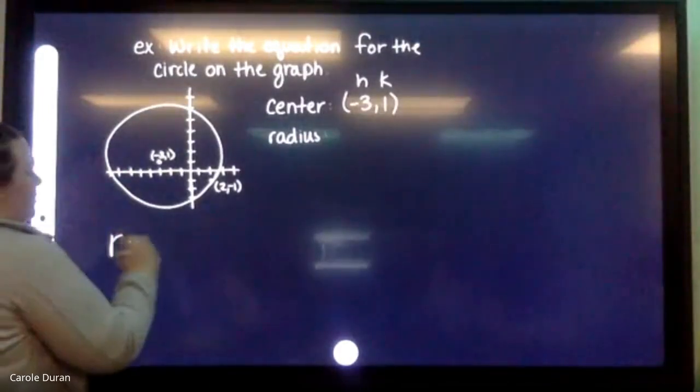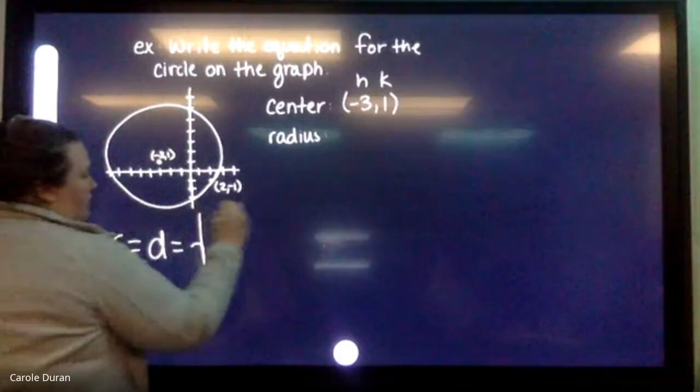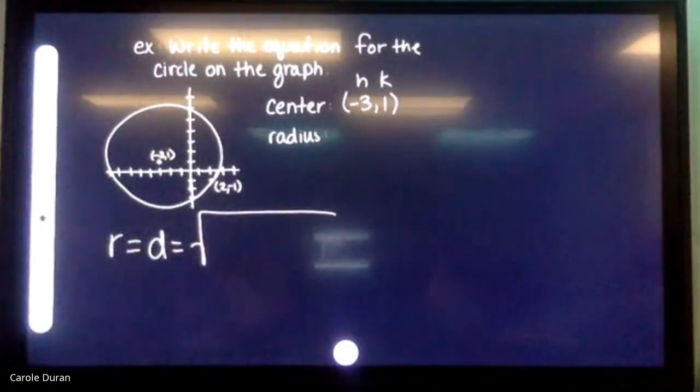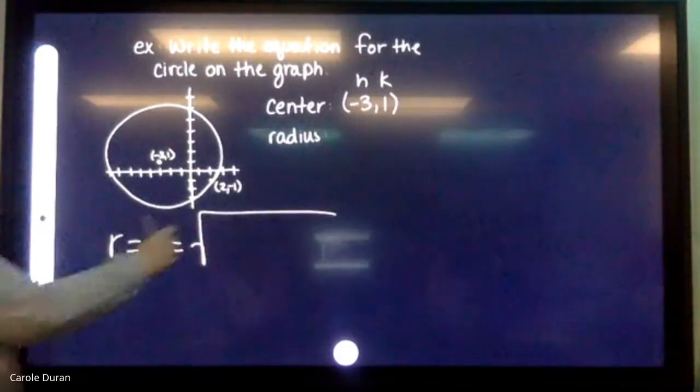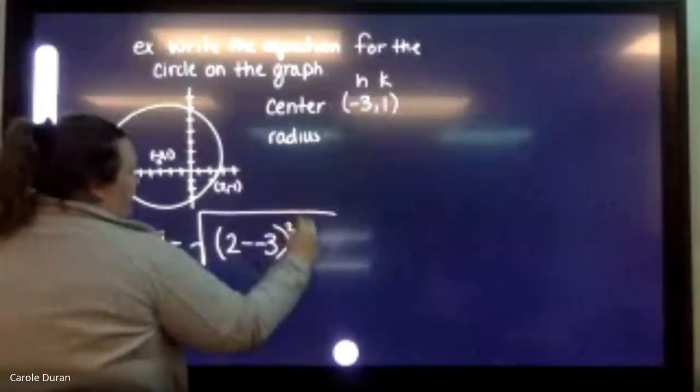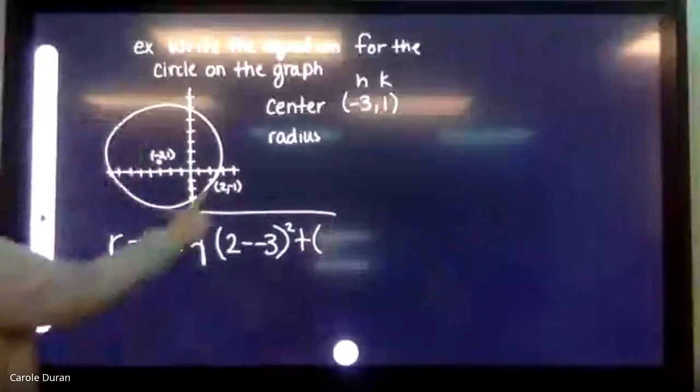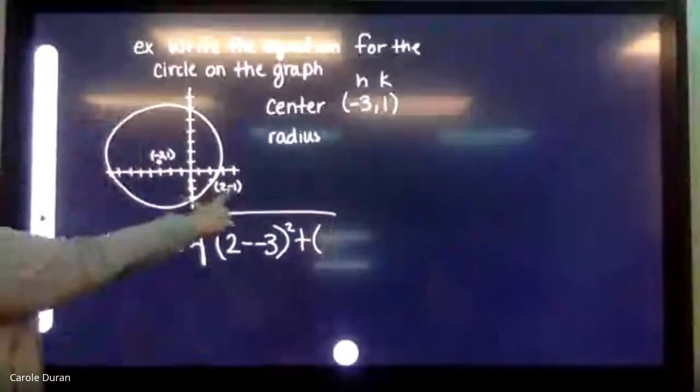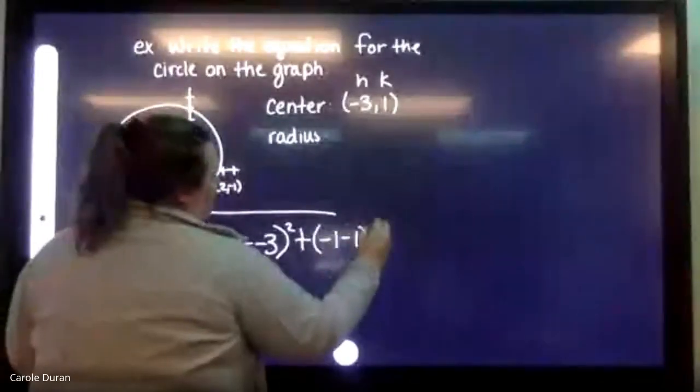So radius is equal to my distance formula, which is going to be the square root of 2 minus a -3 squared plus -1 minus 1 squared.